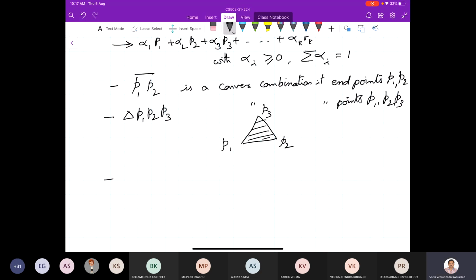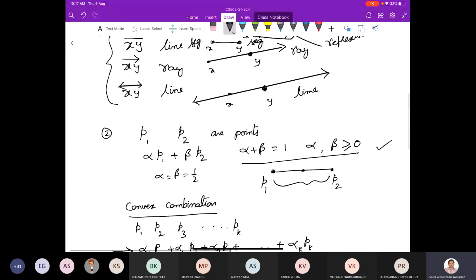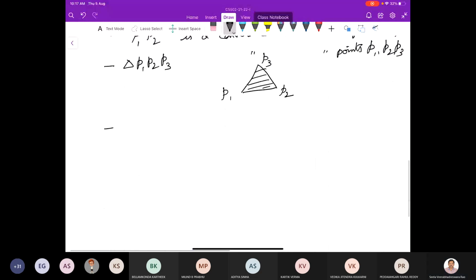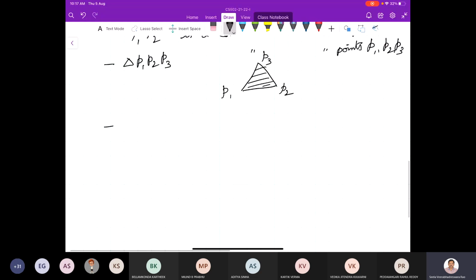So this is actually extended to any definition in any dimension.